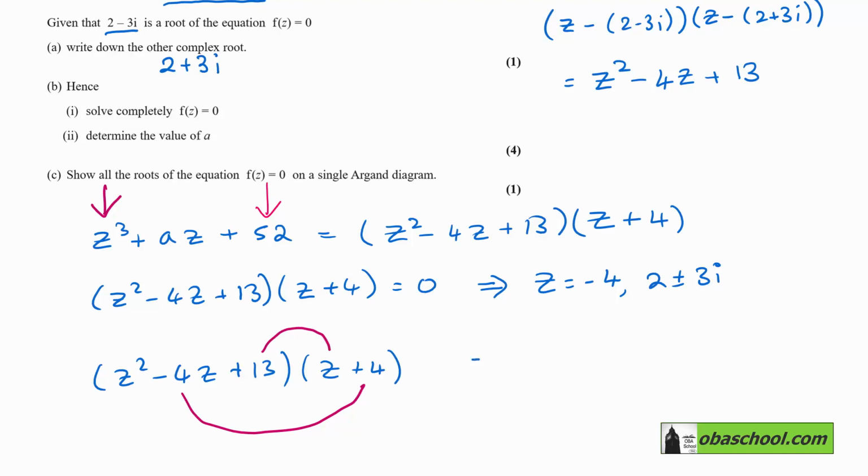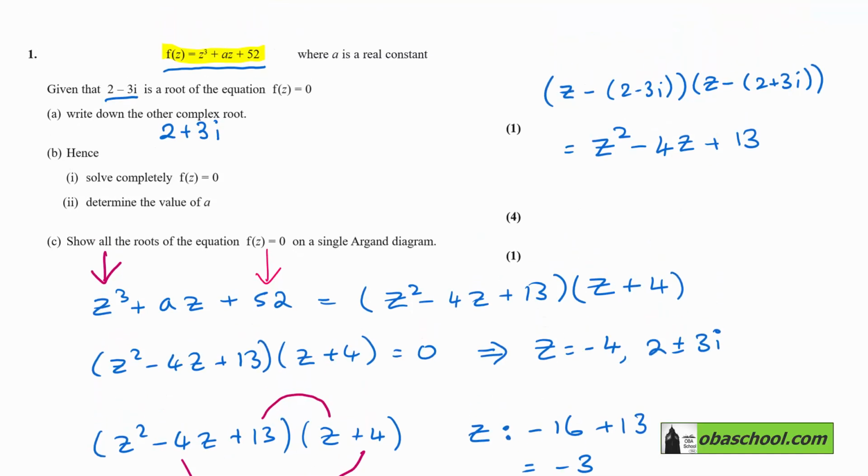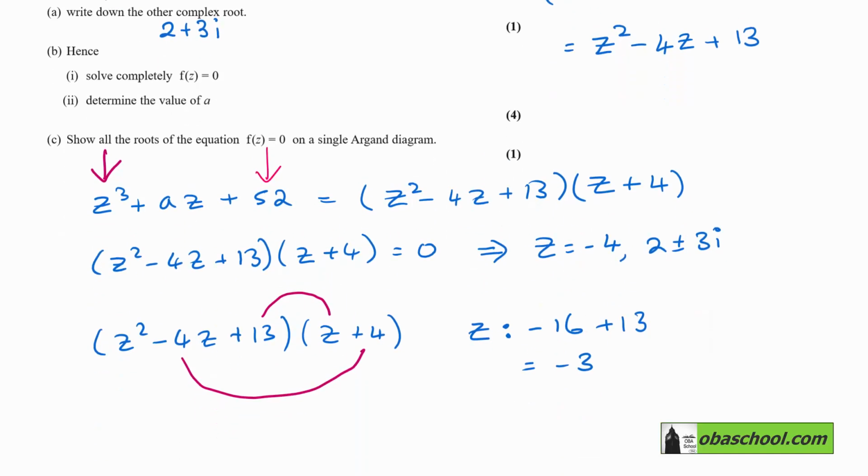So the coefficient of z is going to be negative 16 plus 13, which is negative 3. And we can see from the original equation that a is the coefficient of z. So that tells us that a is equal to negative 3.